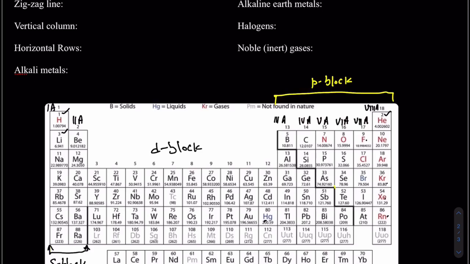For example, the second element is helium, which also starts with H, but H is already taken by hydrogen, so you must have another letter with it. The first letter is always uppercase and the second letter is always lowercase. So in this case, the e is lowercase, and so on.